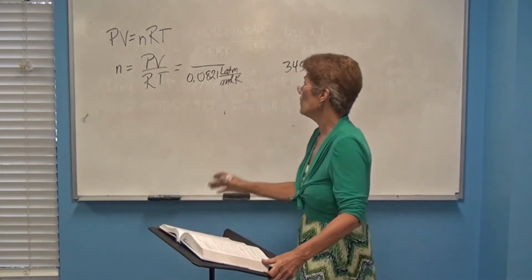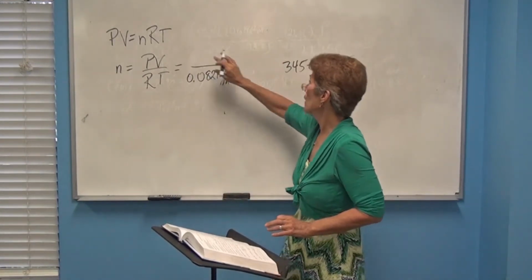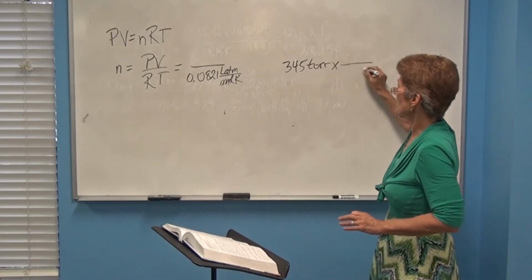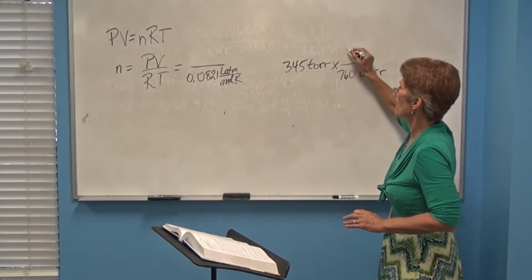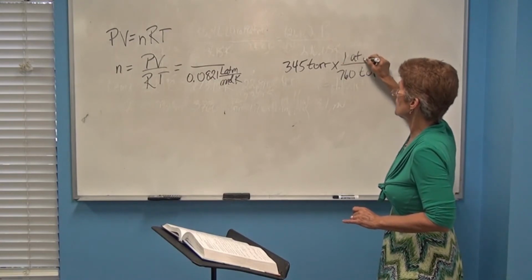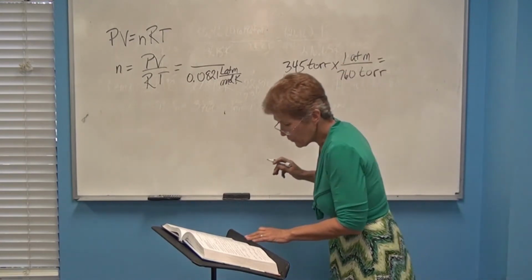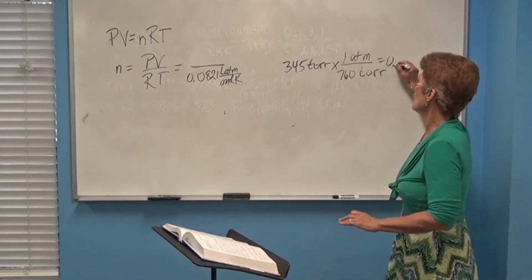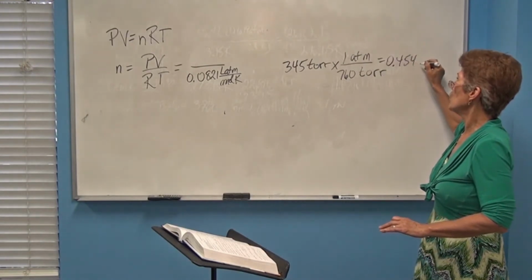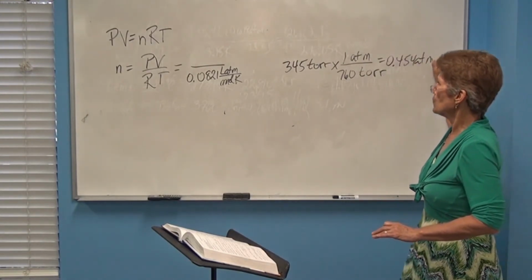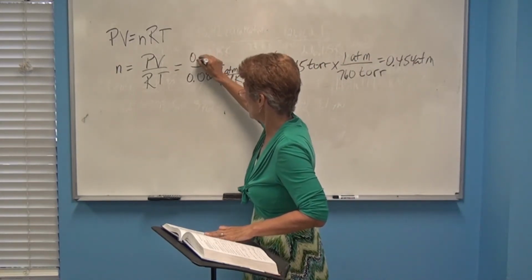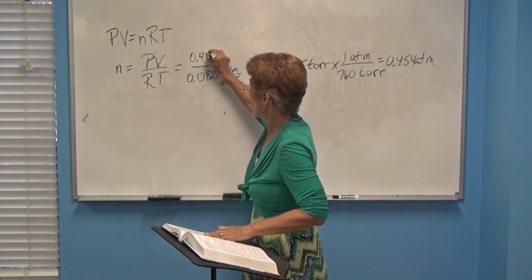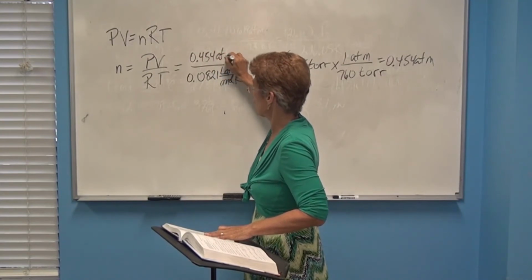So I have to have my pressure in atmospheres. I know that there are 760 torr in every 1 atmosphere, and that's going to give me 0.454 atmospheres. That's what 345 torr are. So I'm going to go back over here and put 0.454 atmospheres.